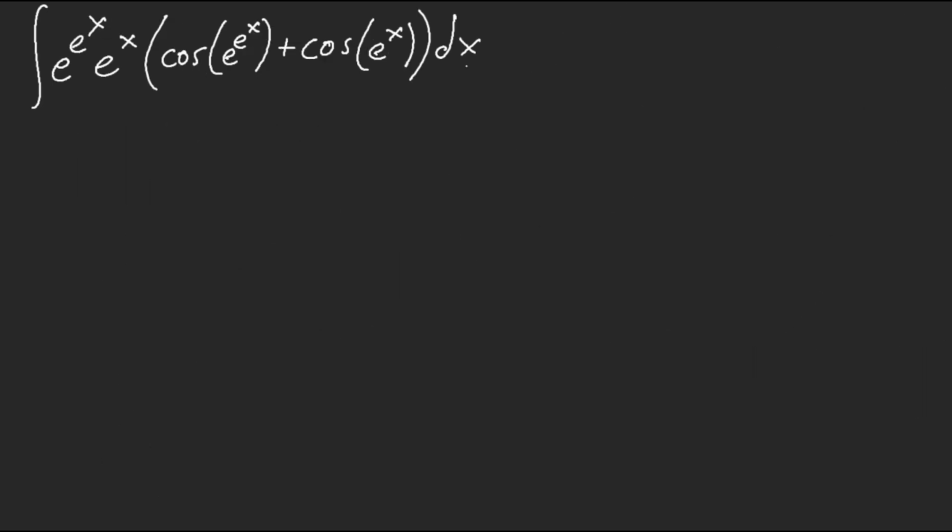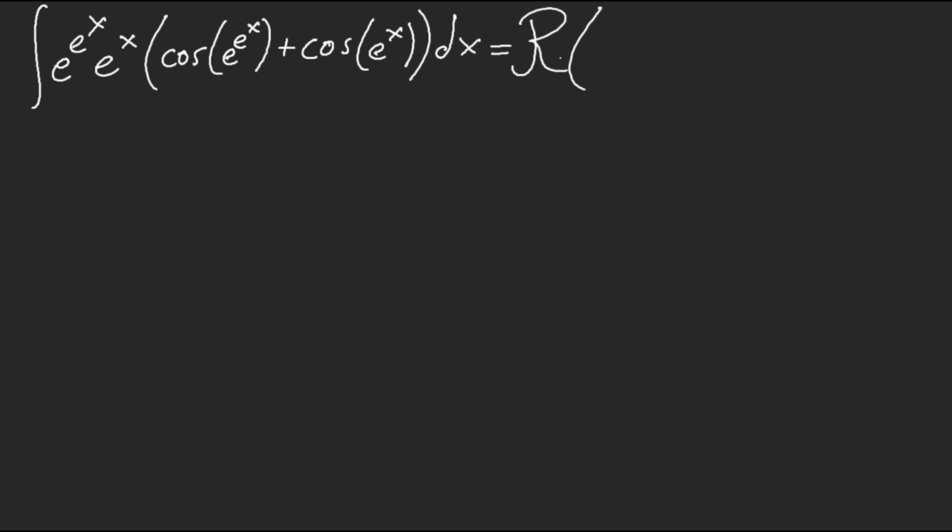Okay? So we have this weird, ugly looking integral here, right? A bunch of e to the x's, cosines. It's a horrible combination. So let's go ahead and complexify this.